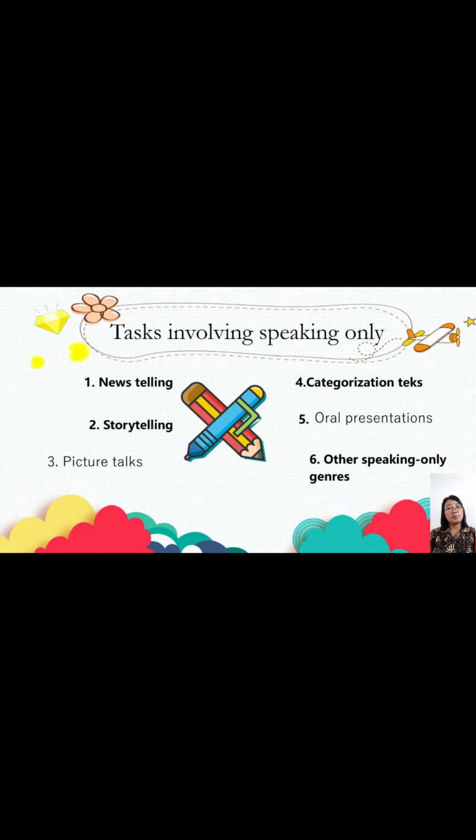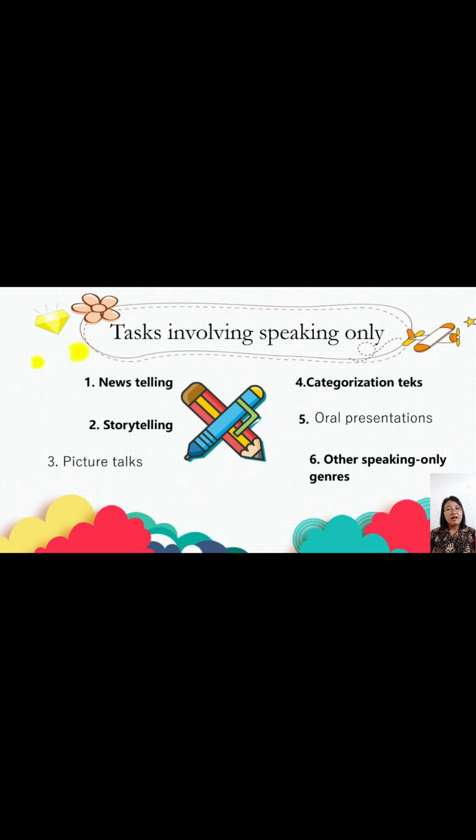Children's ability to tell a story can be assessed with the use of illustrations, cutouts, and a limited number of pictures in a book. And then the third, picture talk. Children can be asked to describe a picture. They can be given one or two minutes to look at the picture before they describe it.